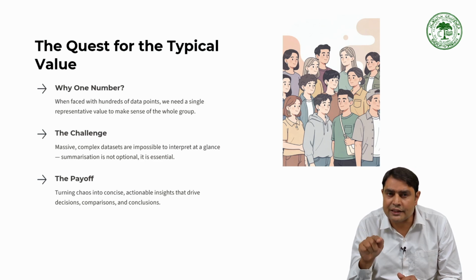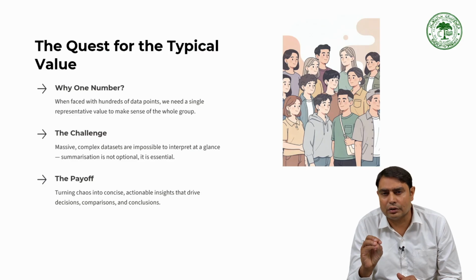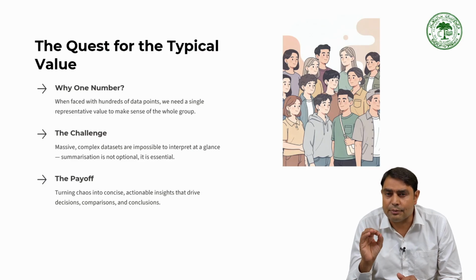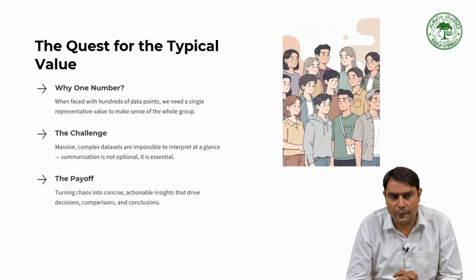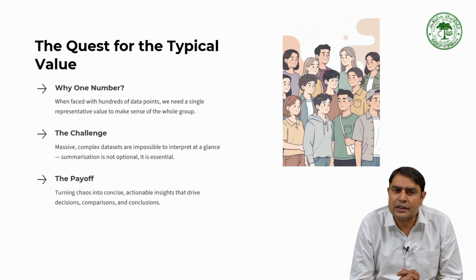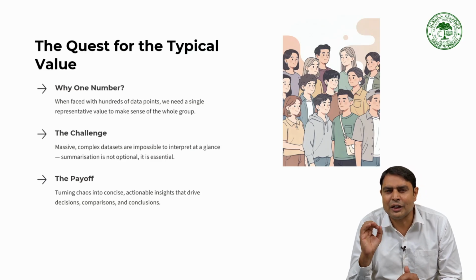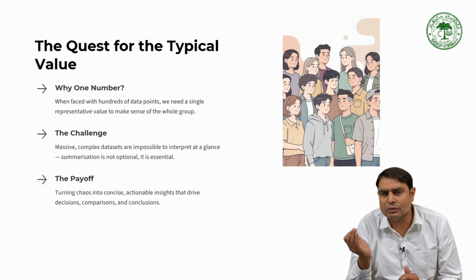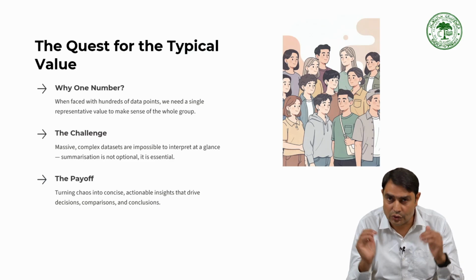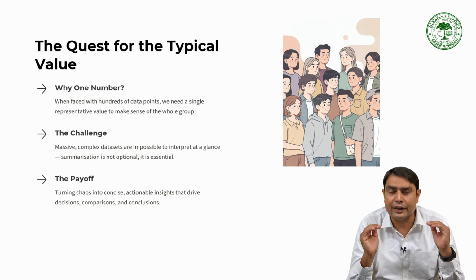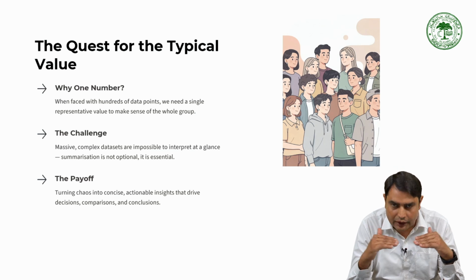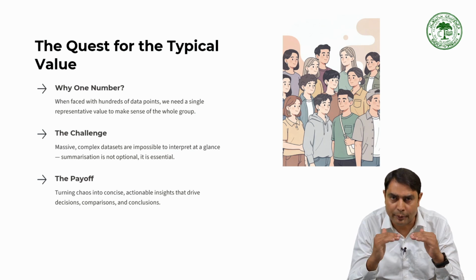So statistics gives us a practical solution, a representative value or a mid value: mean, median, mode. This value gives us a quick idea of what is typical or central in the data set, or what the mid values or mid points are.